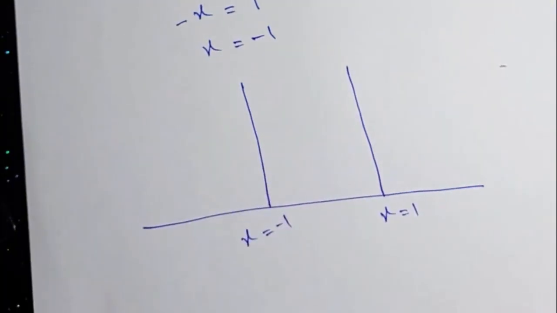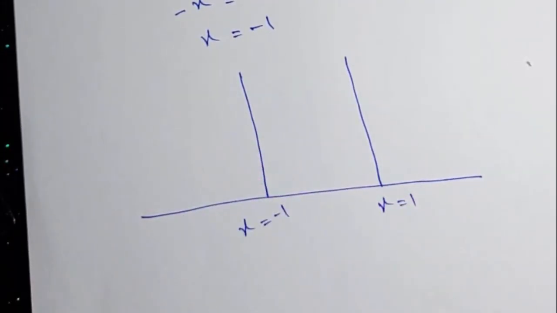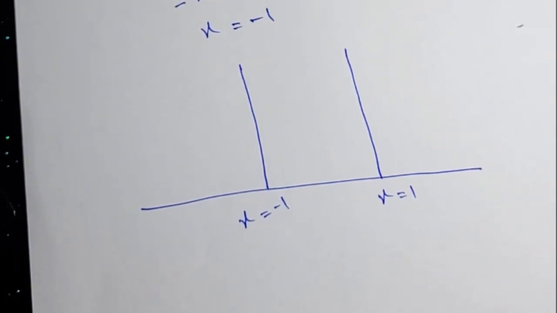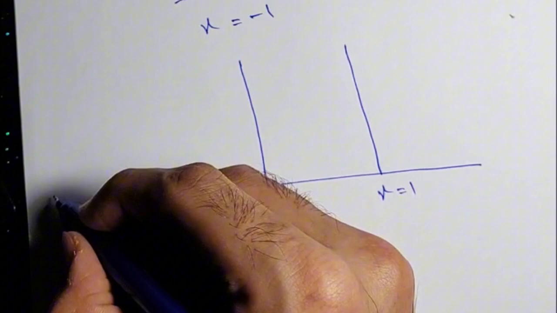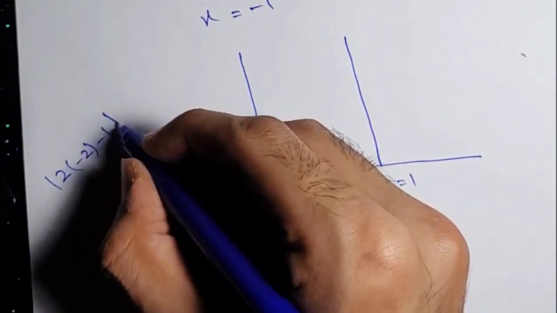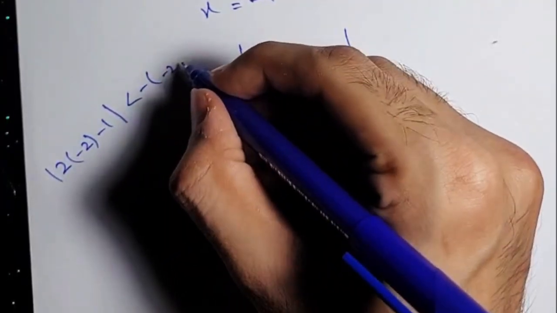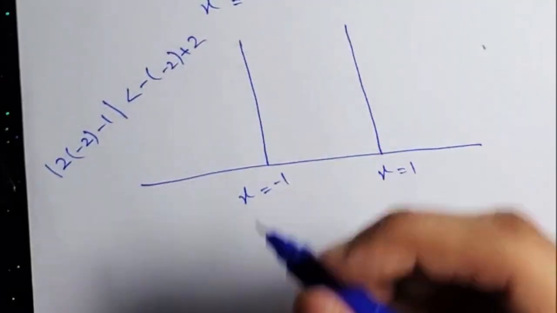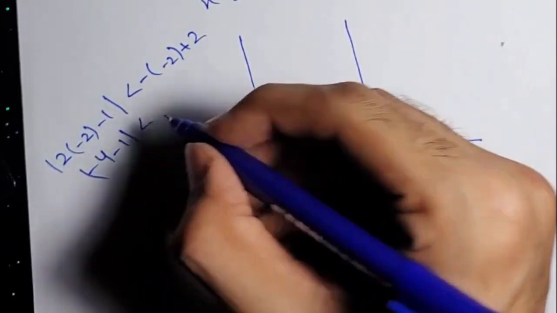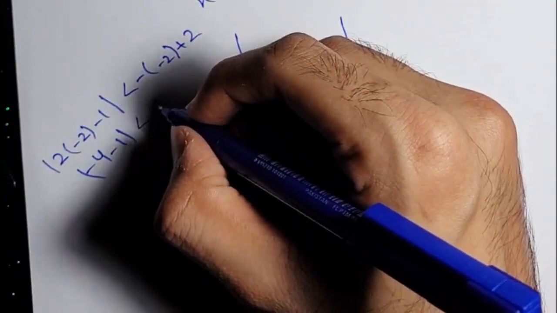Now we have to take values of x less than negative 1 for this part. x can be taken as negative 2. So |2(−2) − 1|, negative 4 minus 1, and this is going to be 2 + 2 is 4.